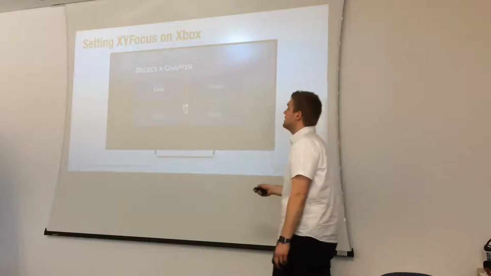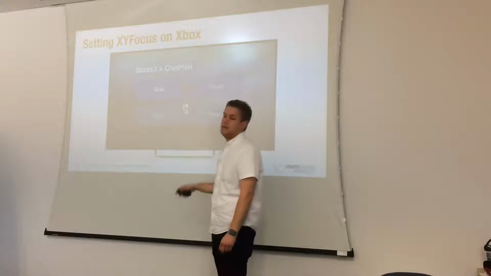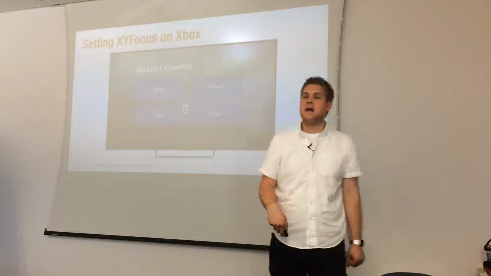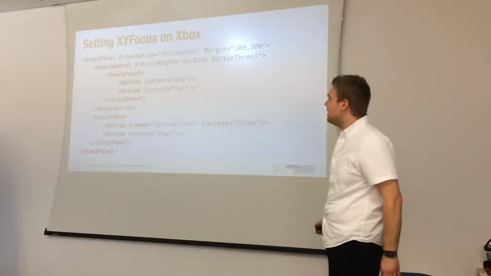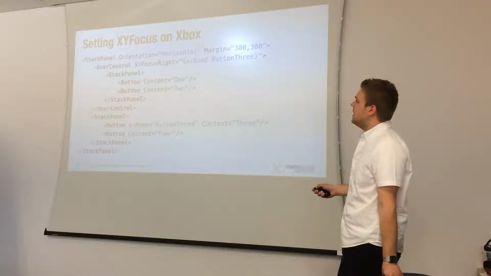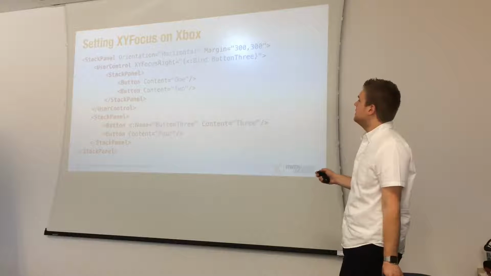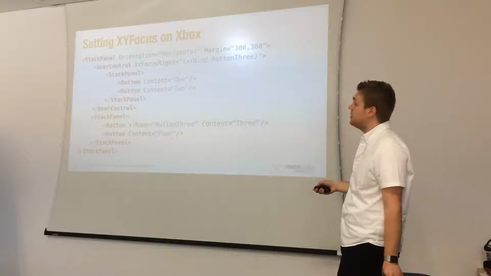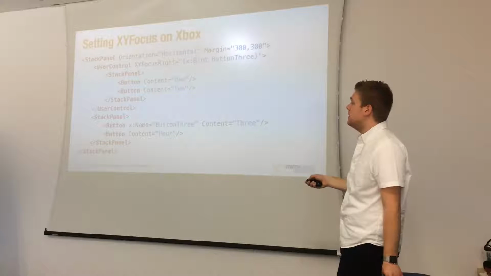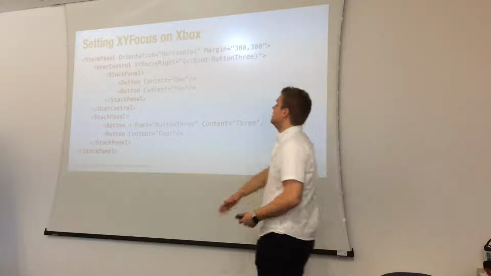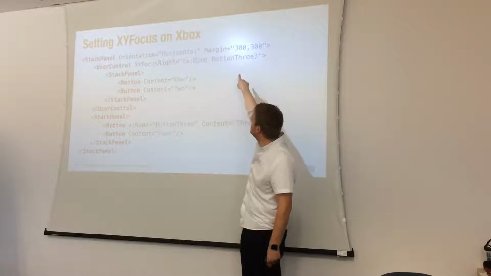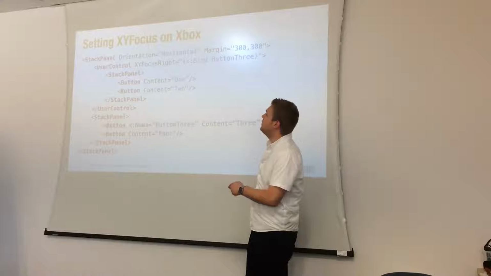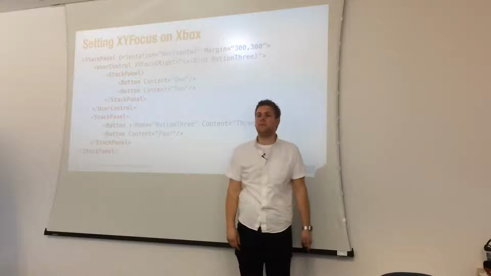I do this by clustering them in one higher level of control and using a binding again, a syntax that you already love, I know. So it looked like this. I have my stack panel. You see the horizontal stack panel there, and then the vertical stack panels there for button 3. Button 3 now received the x:Name button3. And then I can use this to bind my XYFocusRight of this group of both 1 and 2 to 3.